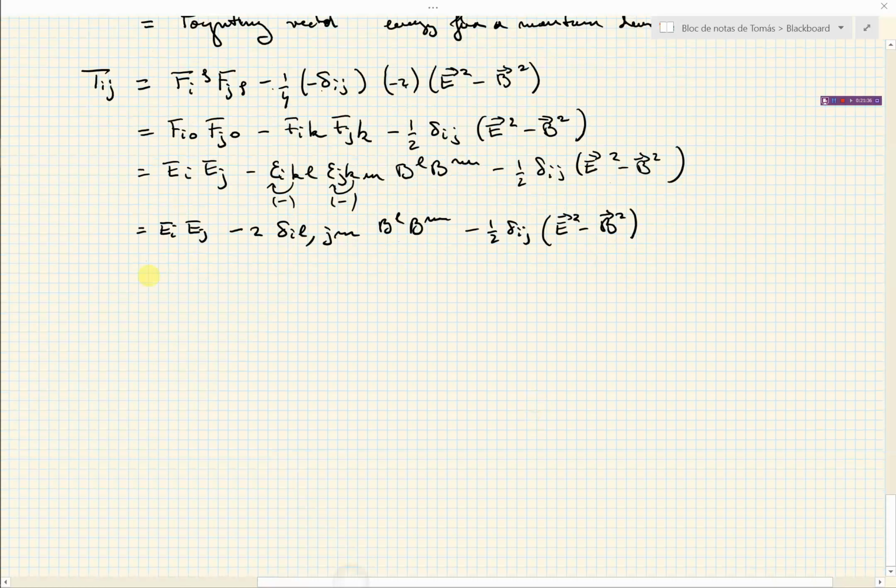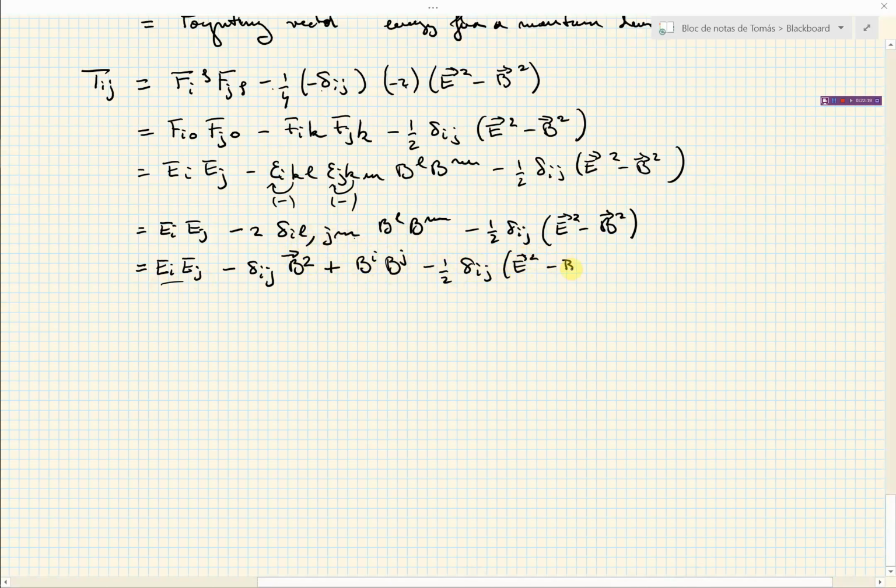Okay, now let's do this last calculation. This is EiEj minus this is delta ij delta lm. This is the first term, so delta ij is here, and delta lm gives me B squared, plus delta im and delta lj, so this gives me BiBj. Well, I wrote the indices down here, but this is the same as up, as I said.